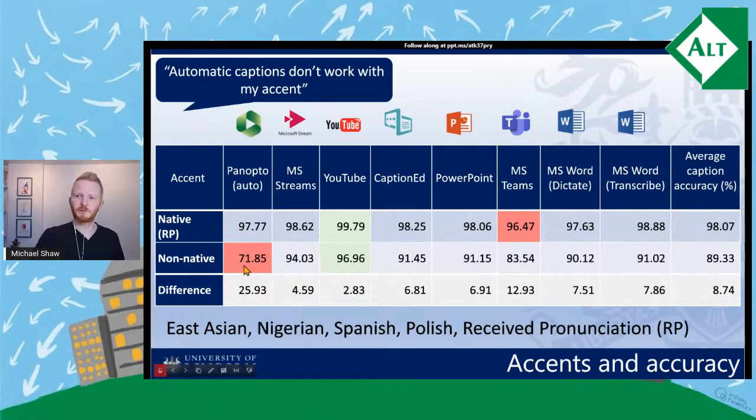This is where Panopto provided very low caption accuracy on one Polish accented speaker that impacts this average scoring. So overall, we do see a decrease in auto-caption accuracy with accented speakers. But does this push the accuracy percentages into an unusable category, or are they still a reasonable starting off point for corrections?